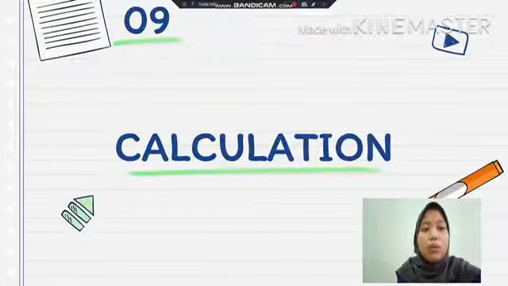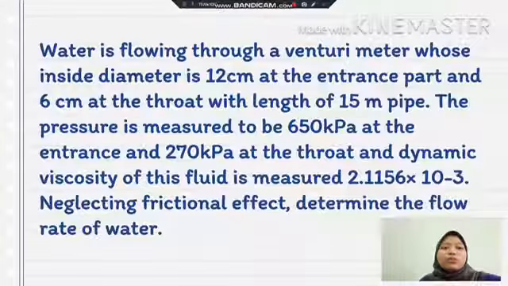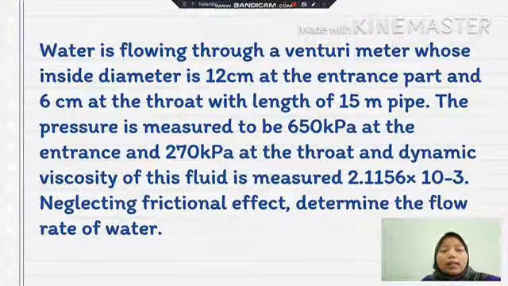Next, we will talk about the calculation. So the question for calculation is about water flowing through a venturimeter whose inside diameter is 12 cm at the entrance part and 6 cm at the throat, with a length of 15 meter pipe.